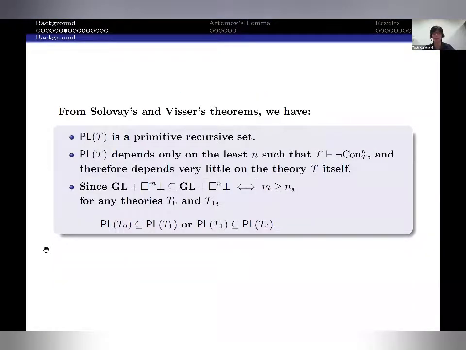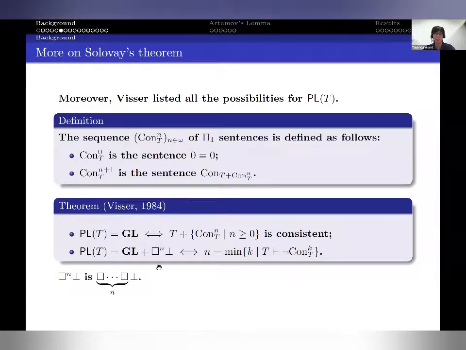From Visser's theorems, we have that the propositional probability logic of T is a primitive recursive set, because the set of all theorems of GL is primitive recursive.